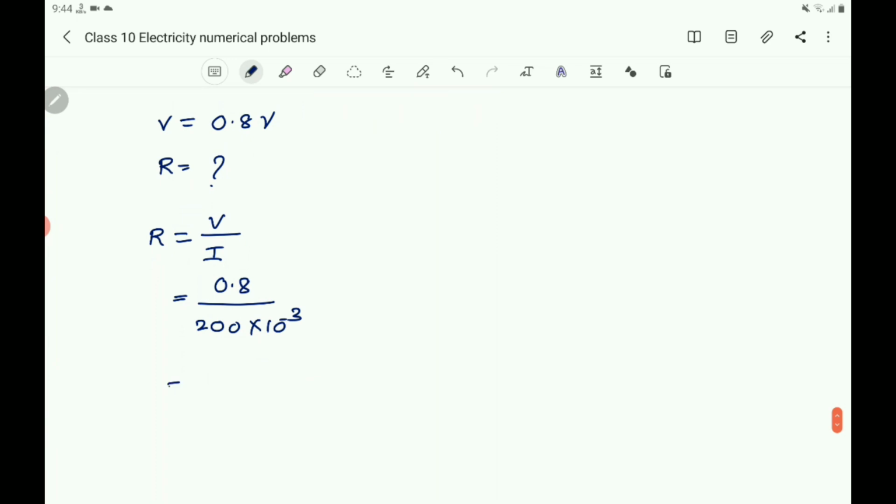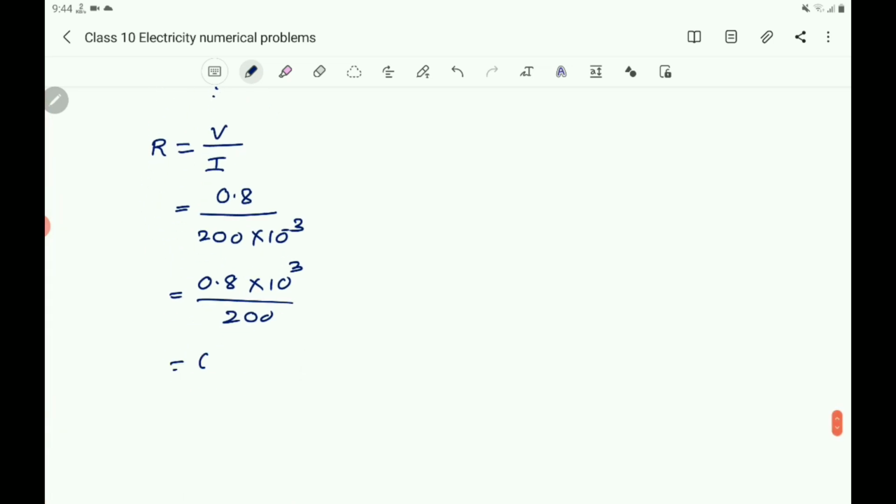Then if you take 0.8, if you take this above, that becomes 10 power 3 by 200. That is nothing but 0.8 into 1000 by 200. And 0 cancels. 2 ones are 2, 2 fives are 10.